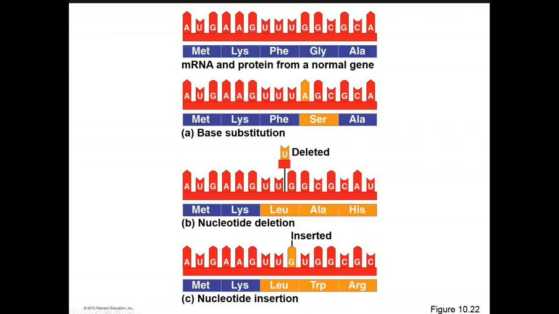When a nucleotide is deleted, the reading frame can be thrown off, and this typically will lead to problems with the protein. Similarly, with an insertion, you have a nucleotide added, maybe 1 to 3 nucleotides added that weren't supposed to be there. This also will throw off the reading frame. Deletions and insertions are illustrated in part B and C of this figure.